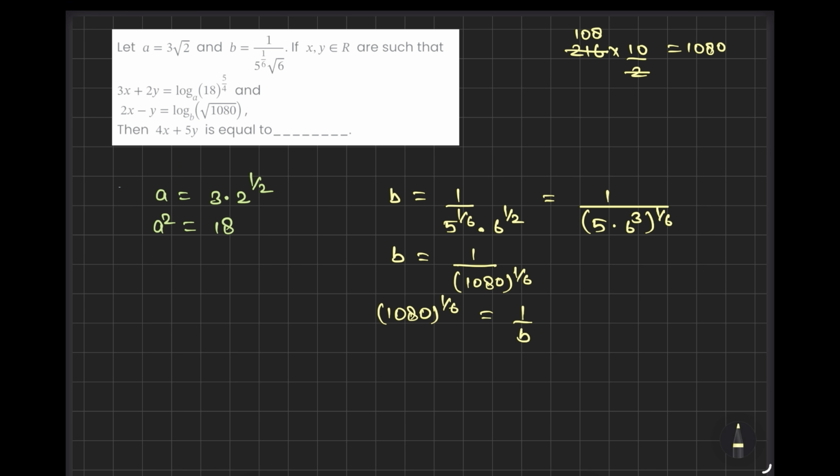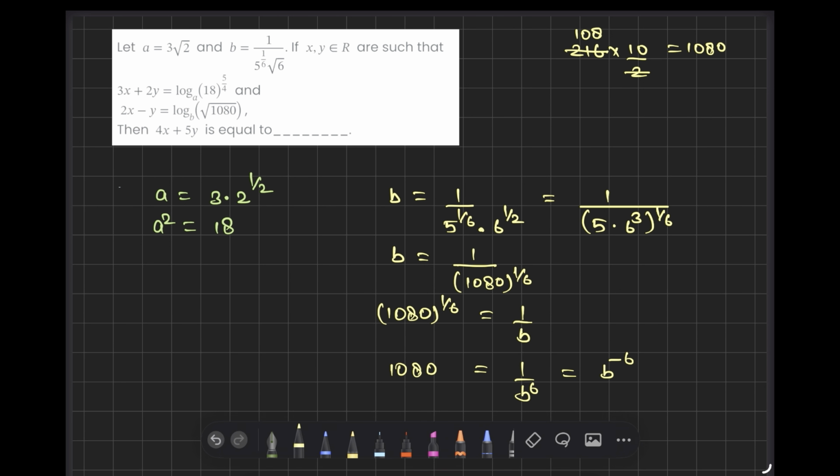Now taking power 6 on both sides, 1080 can be written as 1 by b power 6, or b power minus 6. I hope till this part you are comfortable. This is the most crucial thing that you have to do.